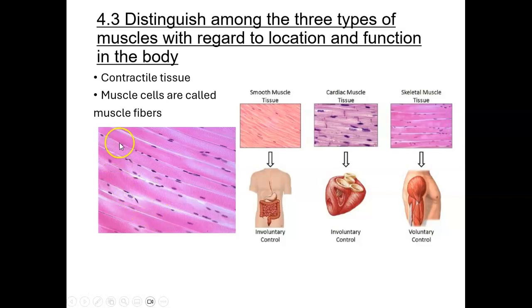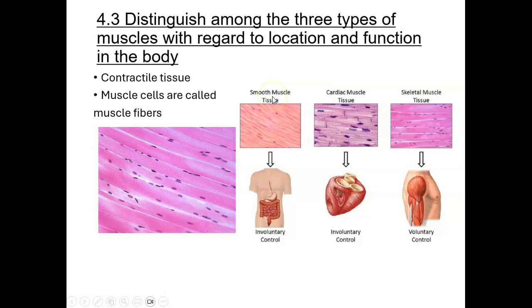So what you can see here is that the muscle fibers are actually many cells that have kind of merged together. So there's lots of nuclei because lots of cells form to make this. So muscle cells are actually called muscle fibers. And there's three different kinds of muscle tissue.